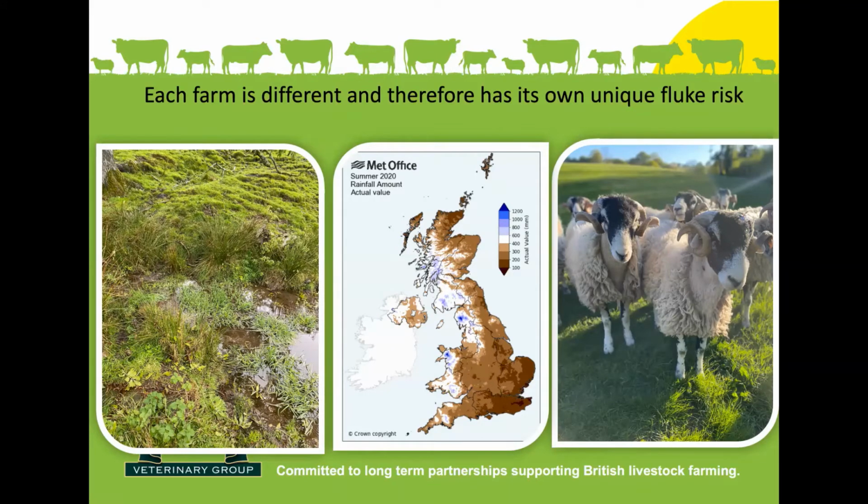It could be around leaky troughs. It could be on streams, on bank sides. This lovely plant gives away the boggy nature of the ground, the reed. So this is prime mud snail habitat. Now, having this habitat doesn't necessarily mean that you've got liver fluke within your population of snails, but having this habitat means that there will be snails on your farm.